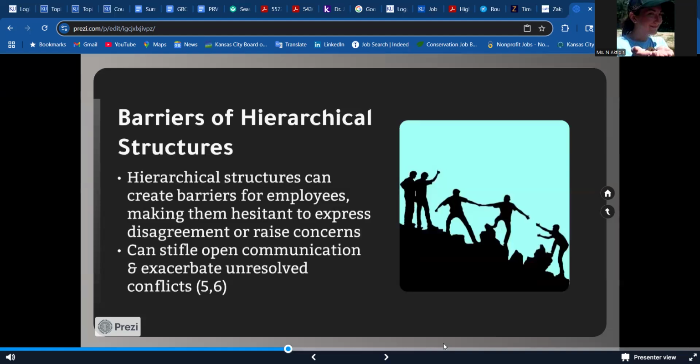And if you feel like you're lower on the rankings when it comes to this structure, you might feel hesitant to express disagreements or raise concerns, in turn stifling any open communication and exacerbating unresolved issues. And sometimes it comes up when it's too late and things blow up and are not even anywhere close to being resolvable anymore.